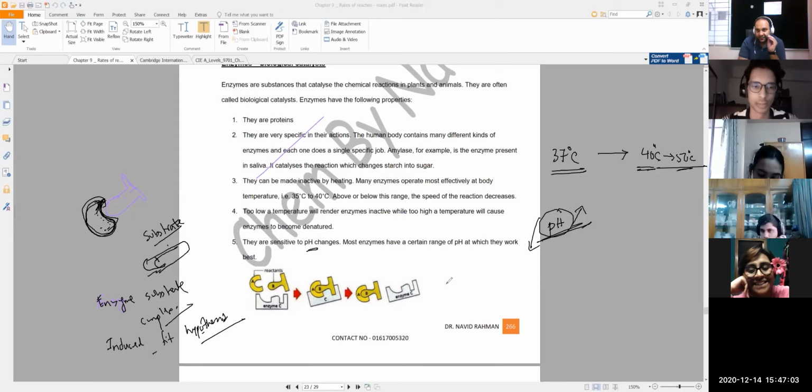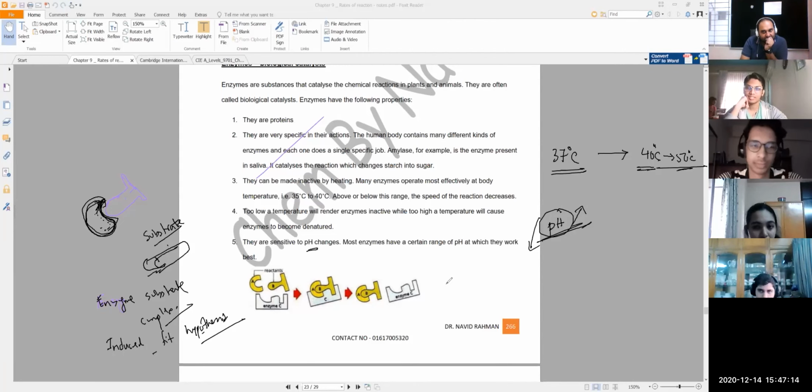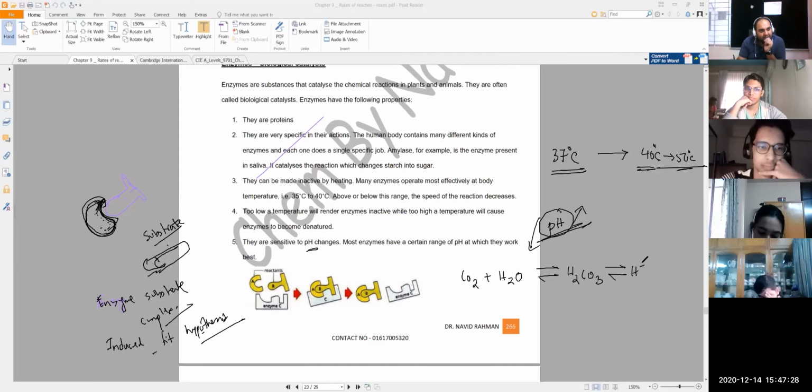It's super specific. Okay, what is the most common reaction in our body? Respiration. Very good. Which is carbon dioxide plus water gives you H2CO3, which breaks down to form H plus and HCO3 minus, right?